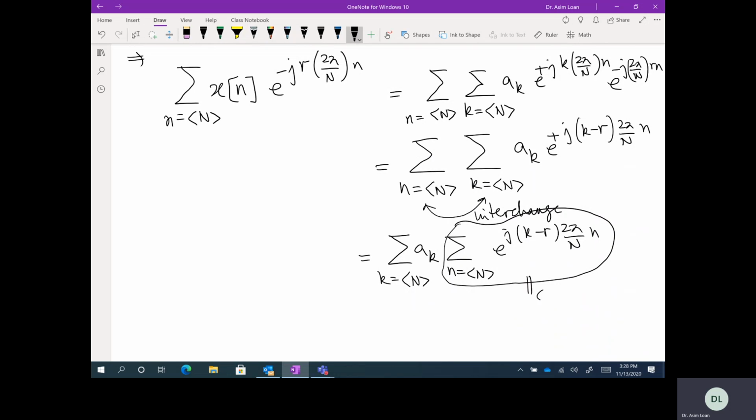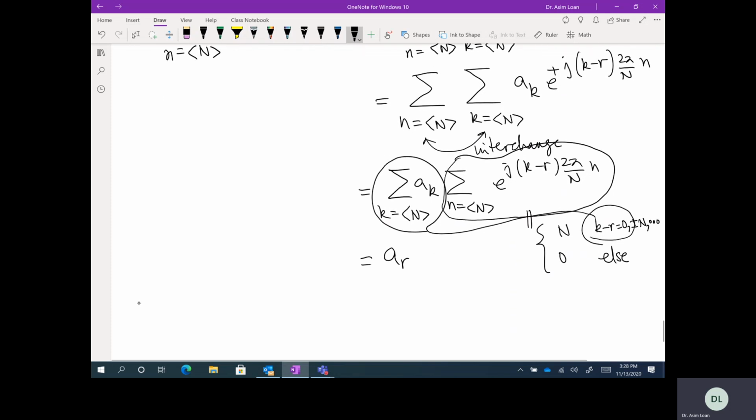So this will only have value, this is equal to n when k minus r equals 0 or plus minus n, and so on and so forth, and it's 0 else. Right? So when k is equal to r, there is only one term in this sum, and that is a_r.